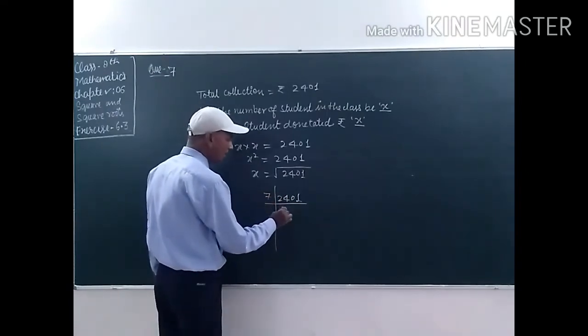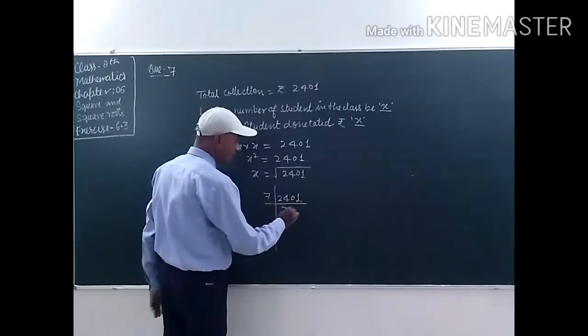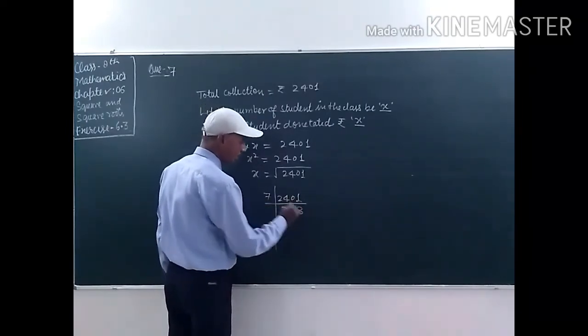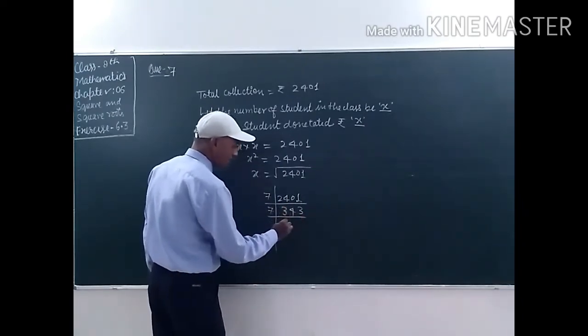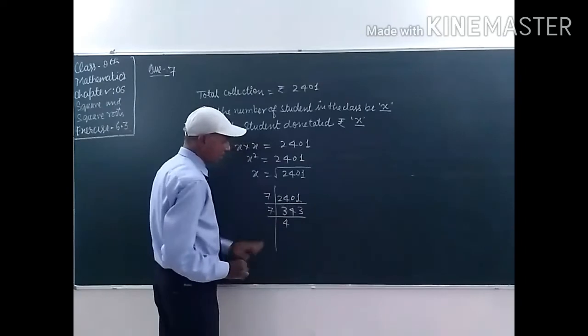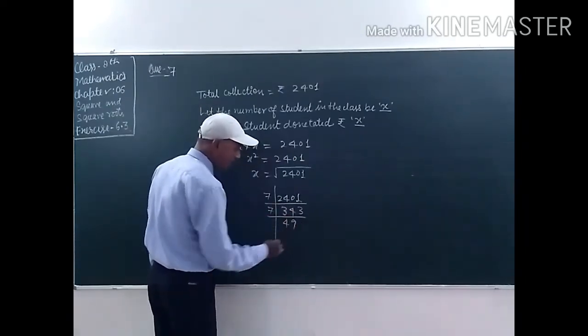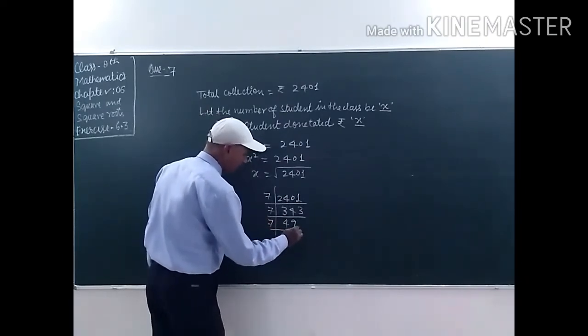7 3s are 21, 7 4s are 28, 7 3s are 21. Again by 7, 7 9s are 63. Again by 7, 7 7s are 49.